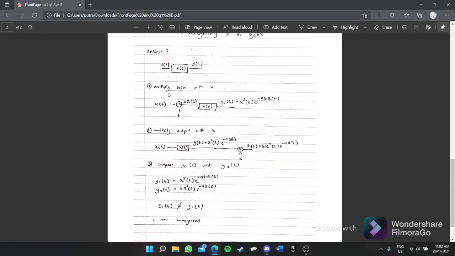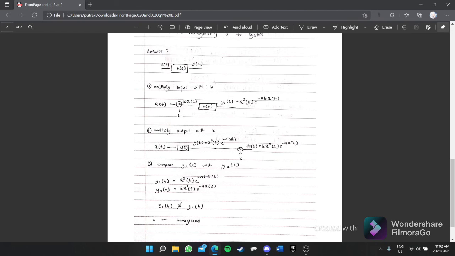The input x(t) is multiplied by k, and then x(t) becomes kx(t). After that, kx(t) is substituted into h(t), and the output becomes y1(t) equal to x to the power 2t exponent negative a k x(t). That's the first function.